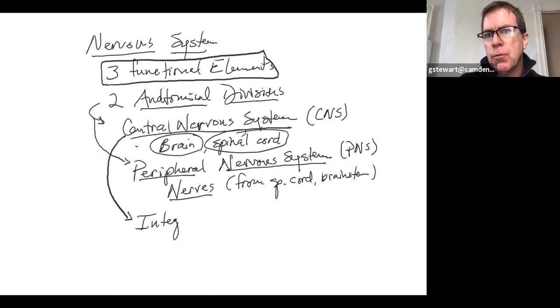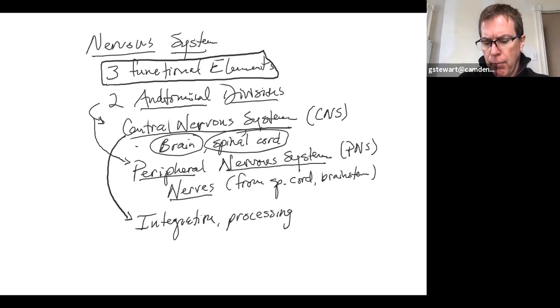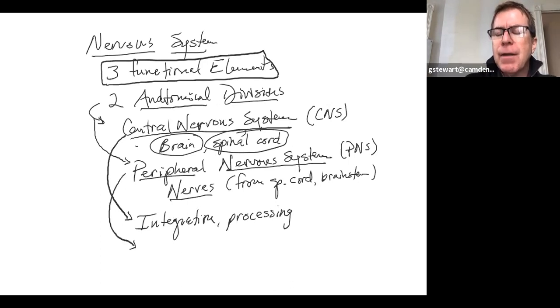So I'm just going to write those two words, integration and processing. And functionally, the peripheral nervous system is an information highway. It's a transmission, I'm going to write transmission pathways.